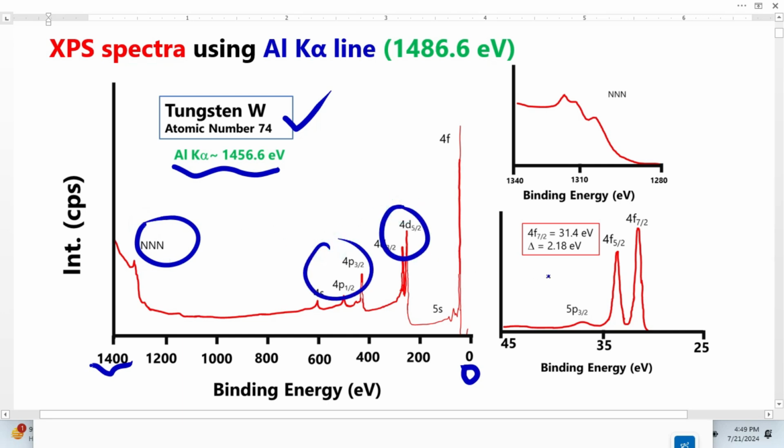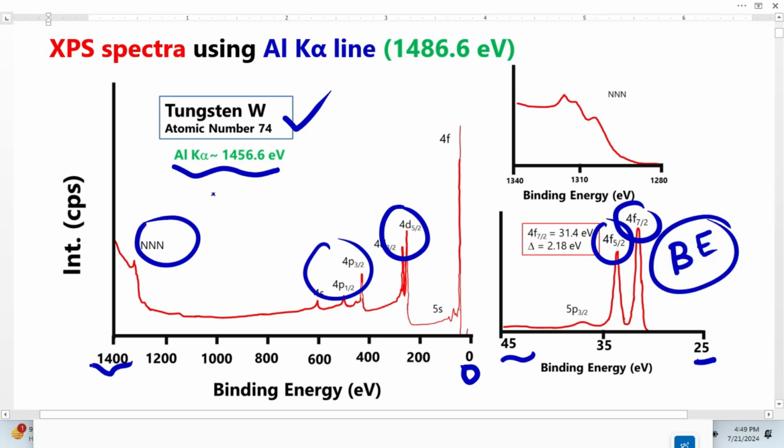Now look at the high resolution XPS spectrum. These peaks' binding energy has not changed. It's from 25 to 45. This means that the photoelectron binding energy is independent of the X-ray source, whether you use aluminium or magnesium.